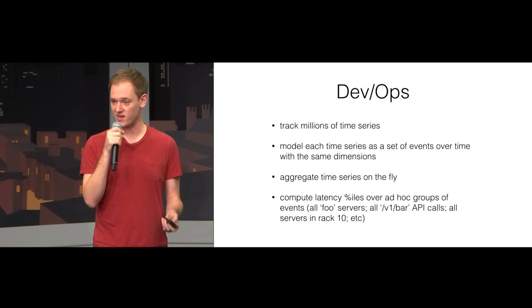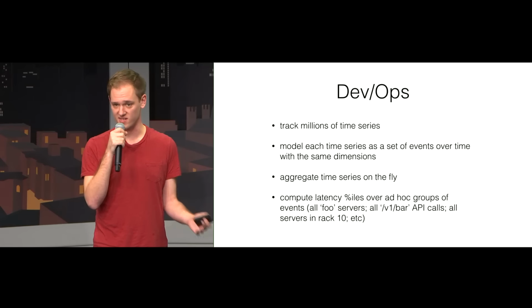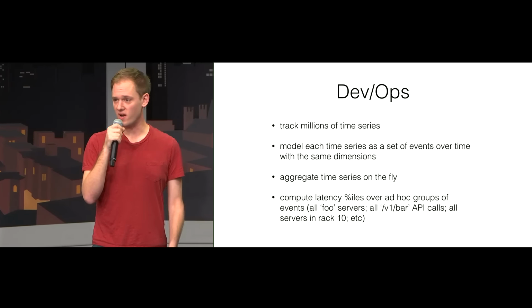So we have an approximate quantile aggregator that we can use to compute approximate median, approximate 90th percentile, and so on over any group of events. One typical way of handling this is on the machine, you can compute a 90th percentile and send it out. The problem with that is that it only gives you the 90th percentile for that machine.